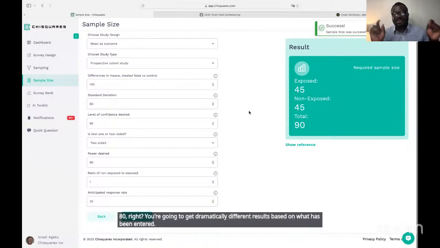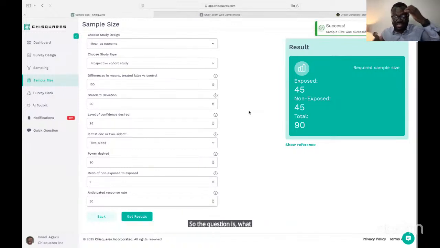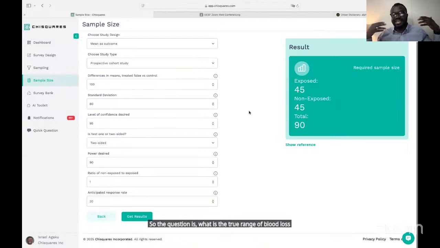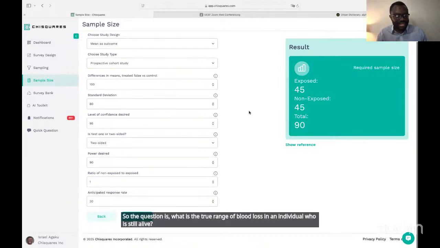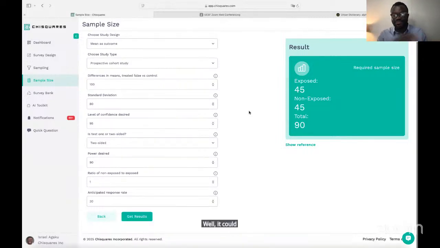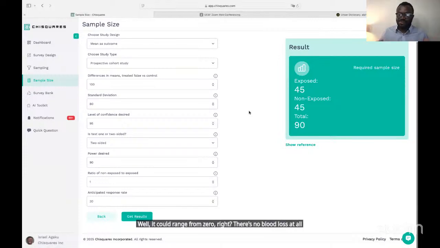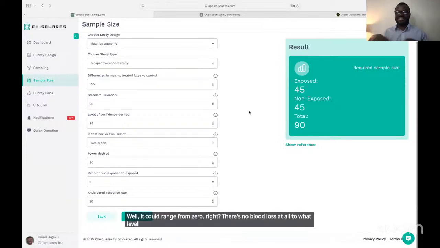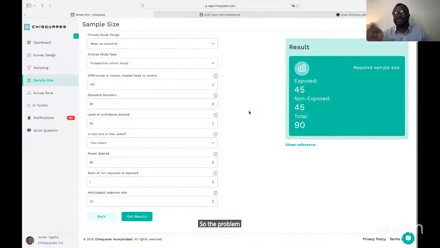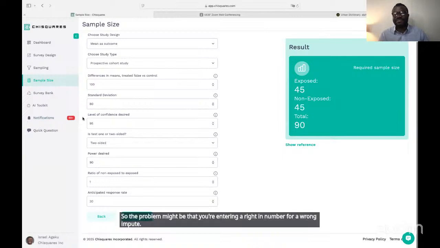So the question is, what is the true range of blood loss in an individual who is still alive? Well, it could range from 0, no blood loss at all, to what level? What level of blood loss is consistent with reality? Because that's what the true standard deviation reflects. So the problem might be that you are entering the wrong input.